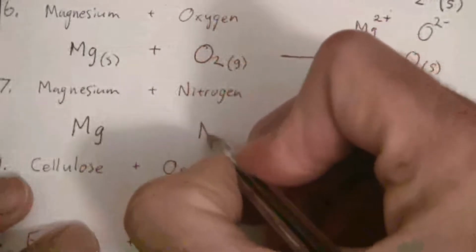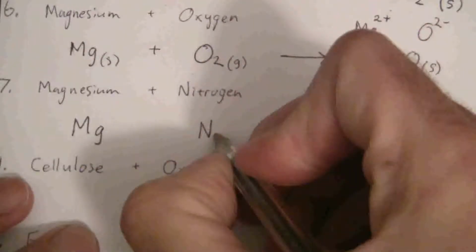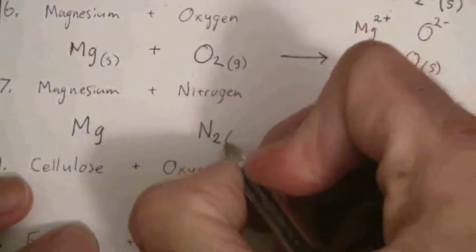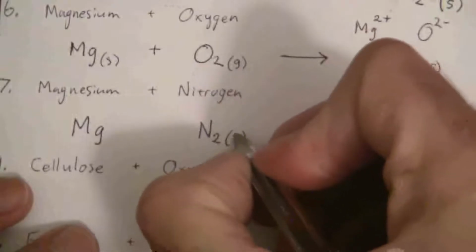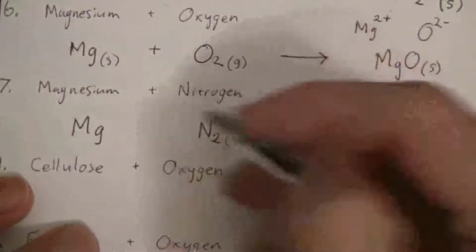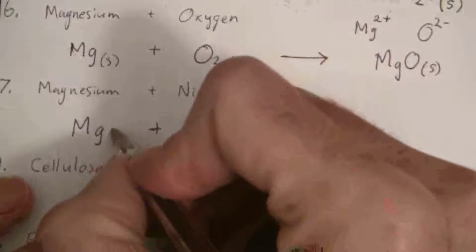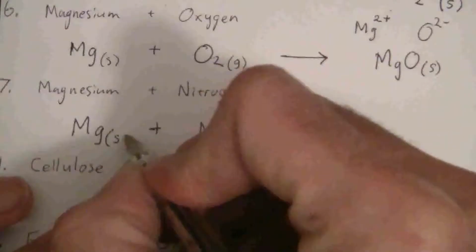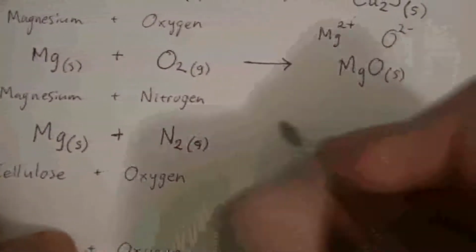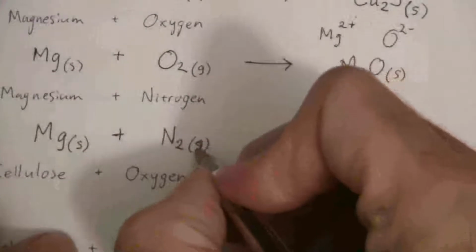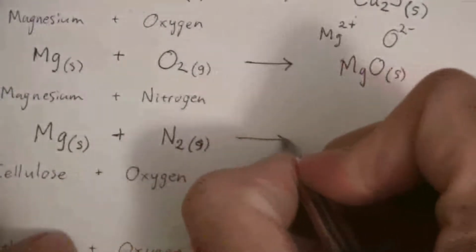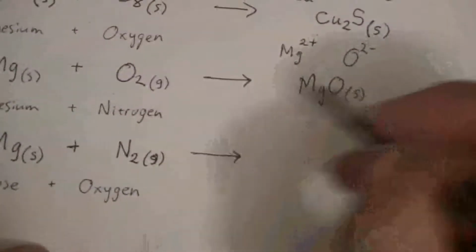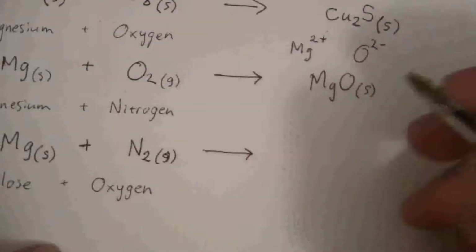Okay, then the magnesium and nitrogen, very similar. Again, nitrogen is like oxygen, it's one of those diatomics. That is a gas. Remember, the magnesium reacts both with oxygen and nitrogen. And so this will produce, this time, not magnesium oxide, but magnesium nitride.